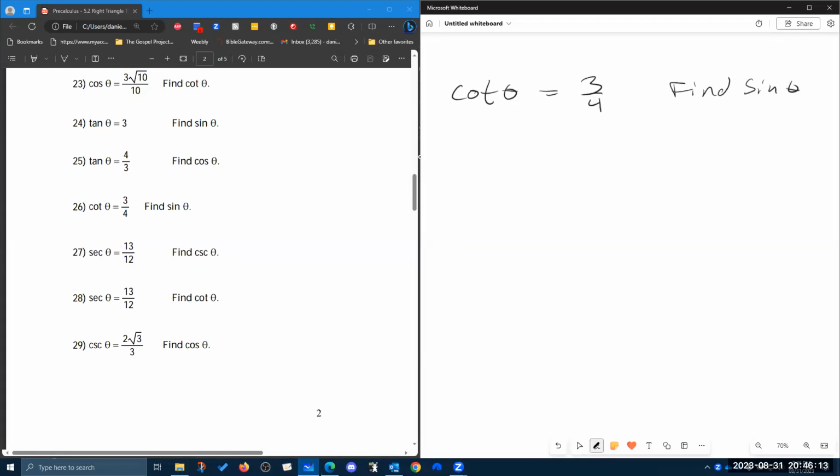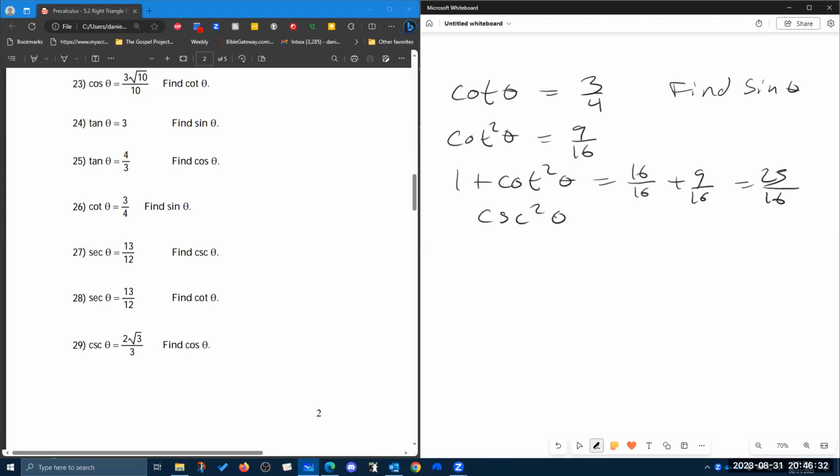So we can square cotangent and add 1 to get cosecant squared, which means that my cosecant is 5 over 4, and take the reciprocal of that to get my sine value is 4 over 5.